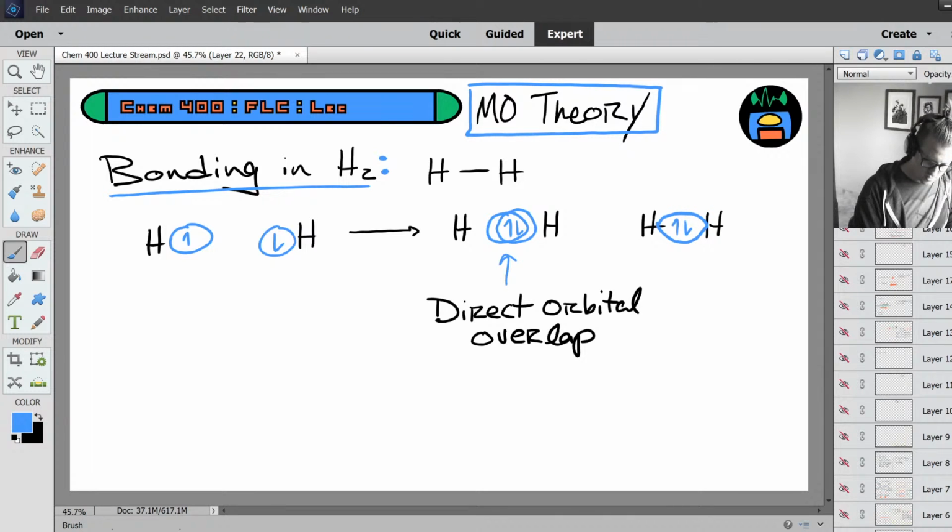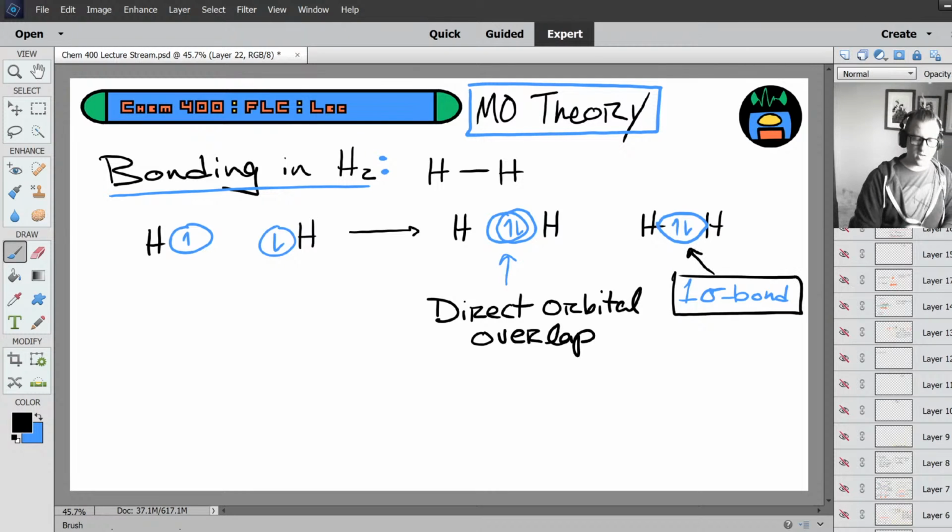Now we have one sigma bond right there between the two hydrogens. Funny story.